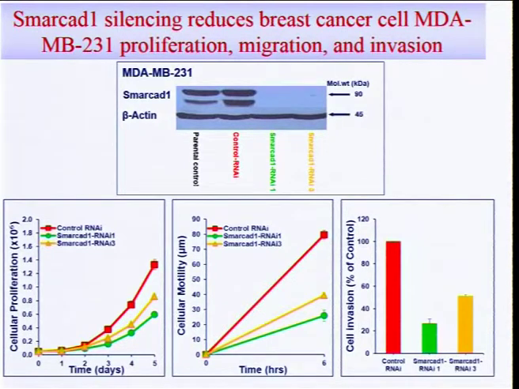So when SMARCAD1, the homolog of FUN30, is knocked down by siRNA, two different siRNAs, we can see that there is a decrease in cellular proliferation, cellular mobility and cell invasion as a result of knocking down SMARCAD1. So it seems to have a role in breast cancer. And here we've used a breast cancer cell line.